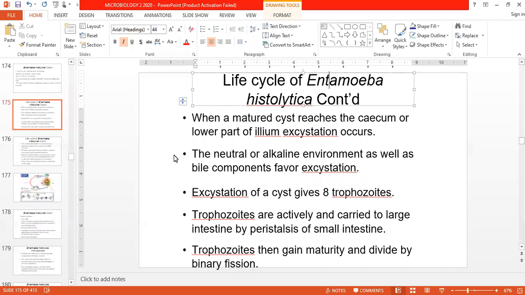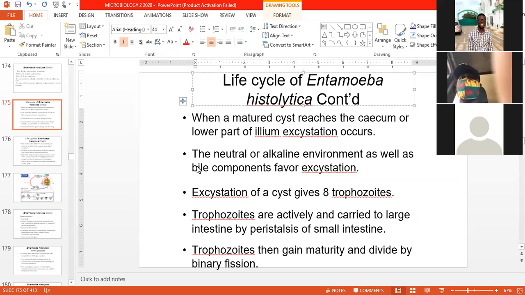The cyst breaks and the content is released. This content, what is that? When released, it is made up of 8 trophozoites. So the cyst has 8 trophozoites within.